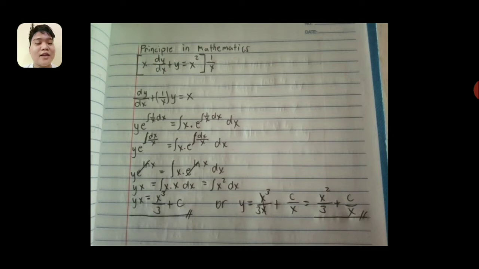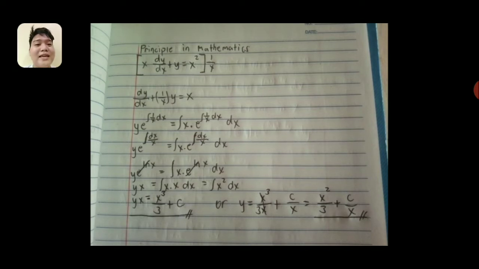The integral of 1 over x dx is the integral of dx over x, and the integral of dx over x is ln x.